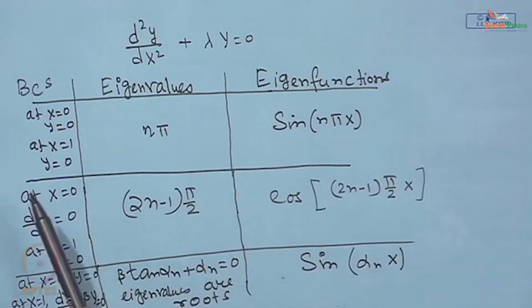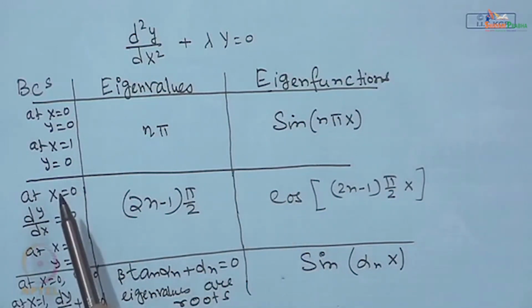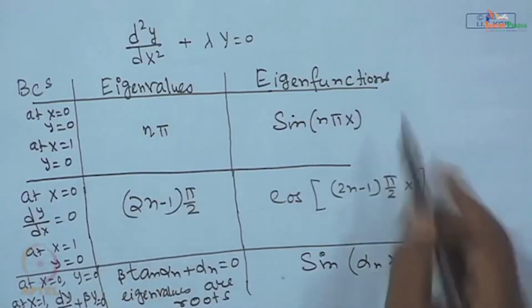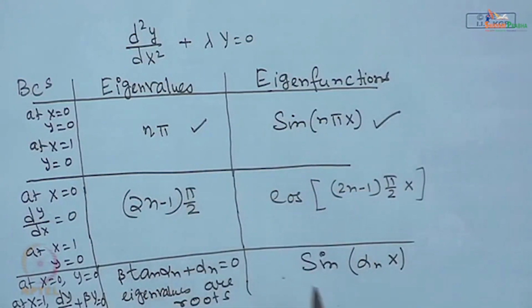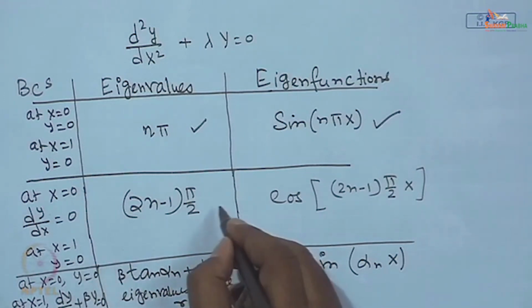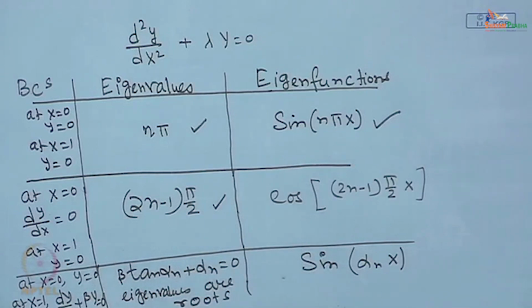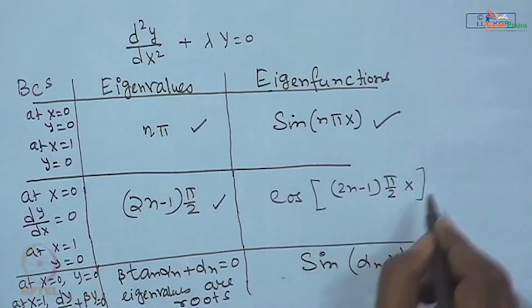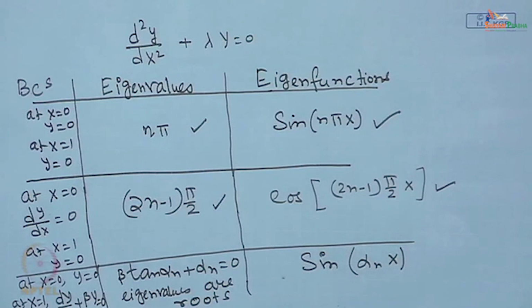So, if we just change the boundary conditions, the eigenvalues and eigenfunctions change. If we have Dirichlet boundary conditions on both the boundaries, the eigenvalues are n pi and eigenfunctions are sine functions. If we have a Neumann boundary condition at x is equal to 0 and Dirichlet boundary condition at x is equal to 1, we have 2n minus 1 pi by 2 as the eigenvalues and cosine functions as eigenfunctions.